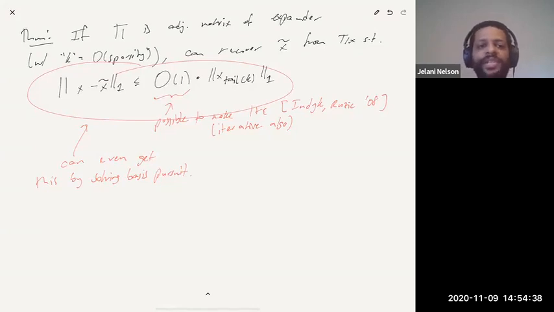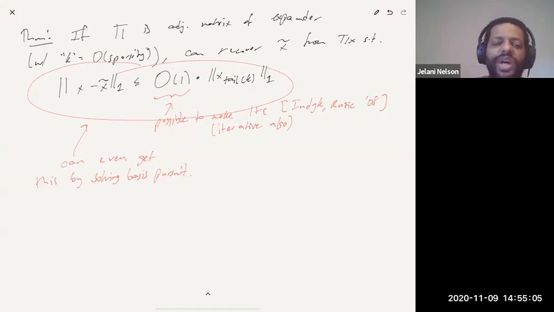So I mean, we only have 5 minutes left, so I'm not going to show you the proof of this. But it's a totally different way. It looks very different from what we've been talking about before. We said you can get an RIP matrix using JL, you can get it from fast JL, you can get it from incoherent matrices. So this is just totally different. And in fact, the adjacency matrix of an expander is not actually going to be RIP in the definition that I gave you earlier.